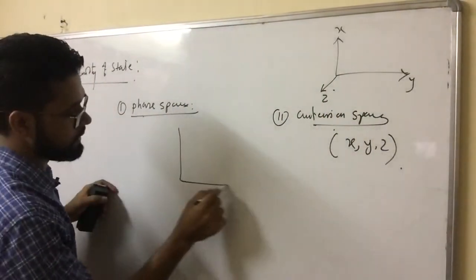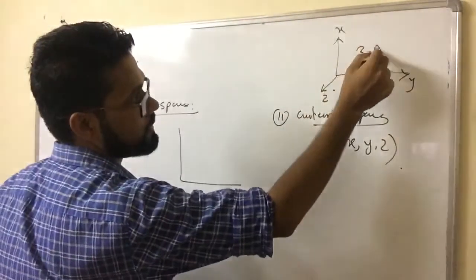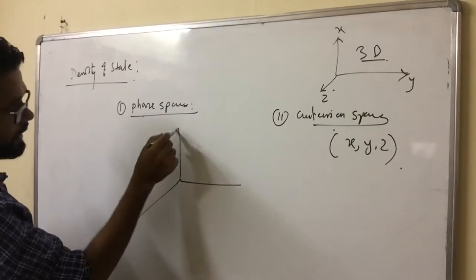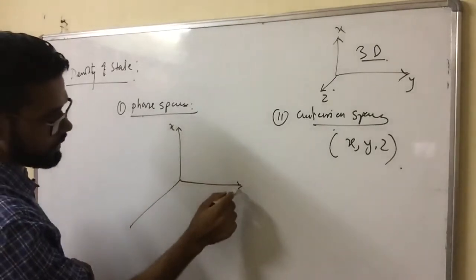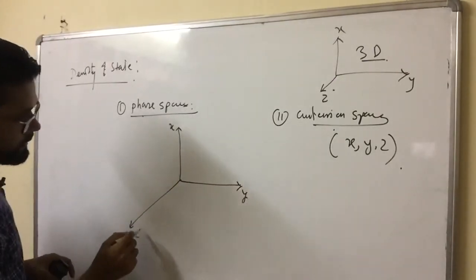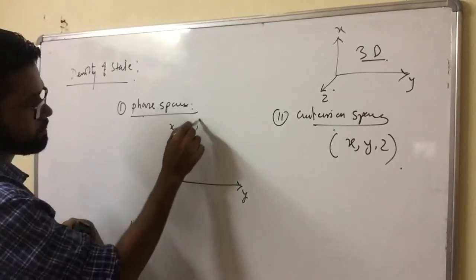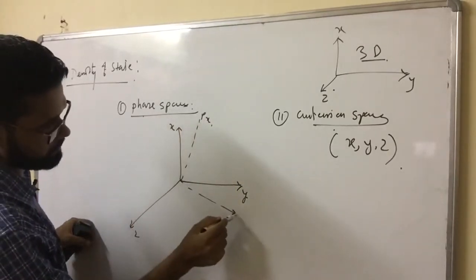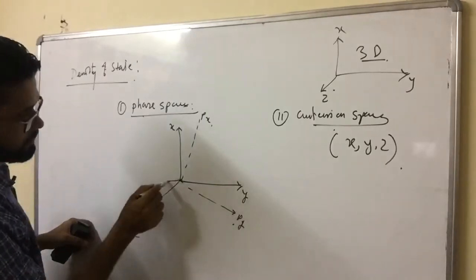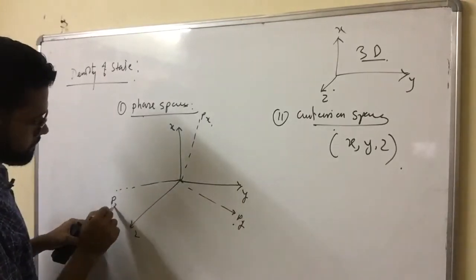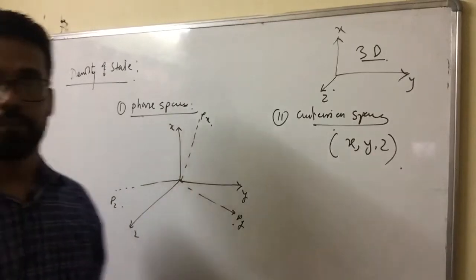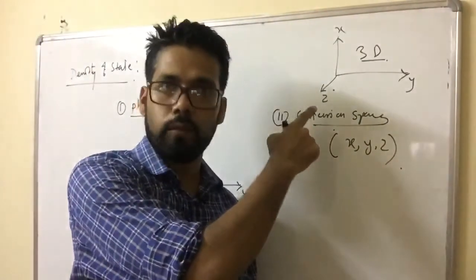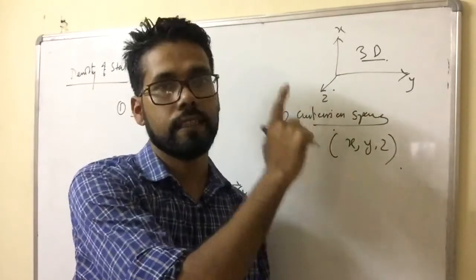This is X, this is Y, this is Z, and there will be Px, Py, and Pz. So phase space is 6-dimensional, remember, and rectangular space or Cartesian space is 3-dimensional.